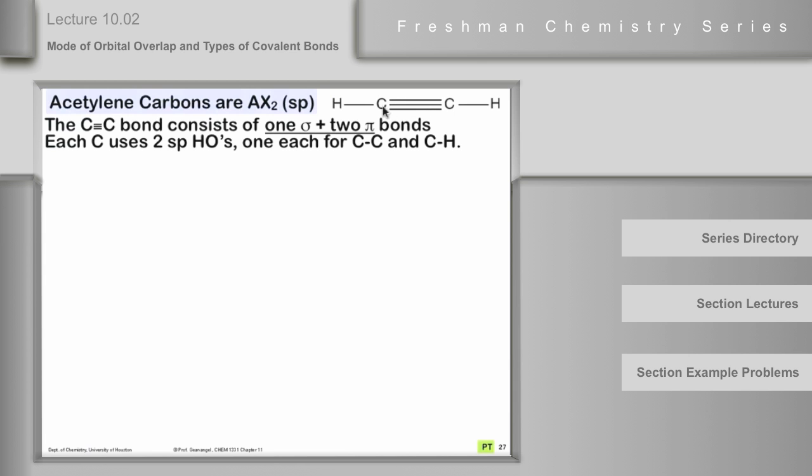And the Lewis dot structure for acetylene looks like this thing up in the upper right-hand corner of your slide. And we start off by asking the question, how many electron groups surround each carbon? I have volunteers in the front who know.